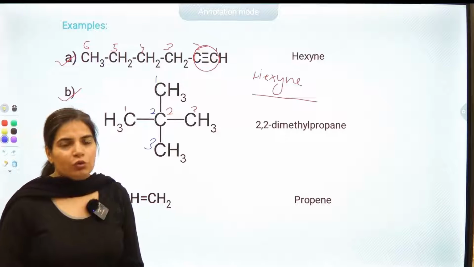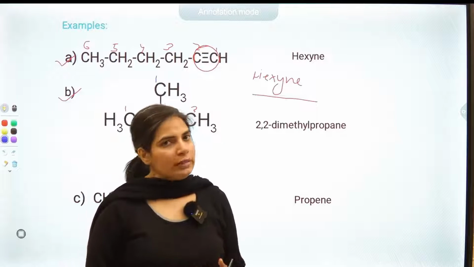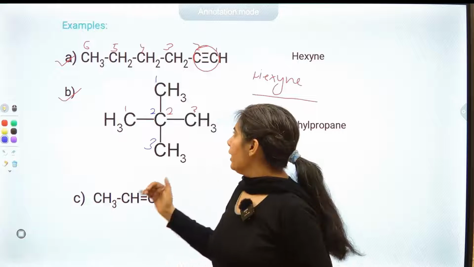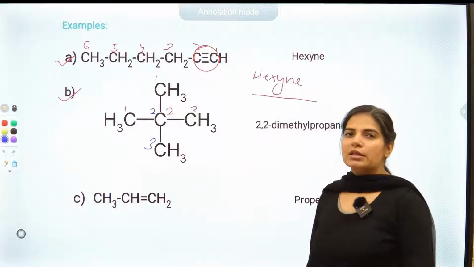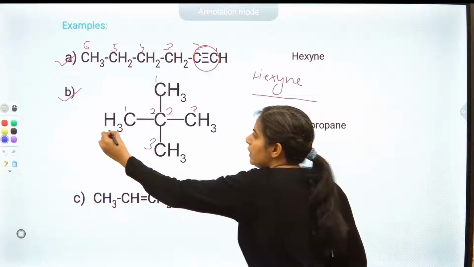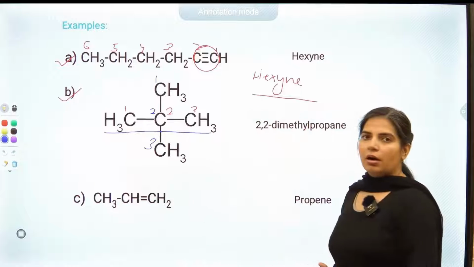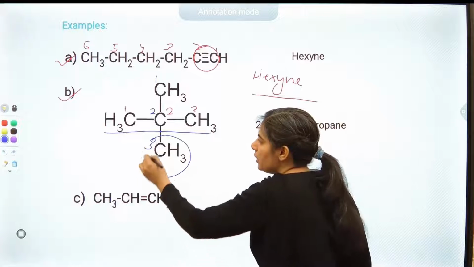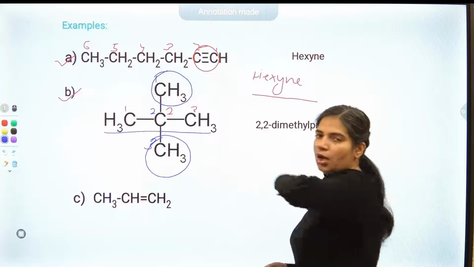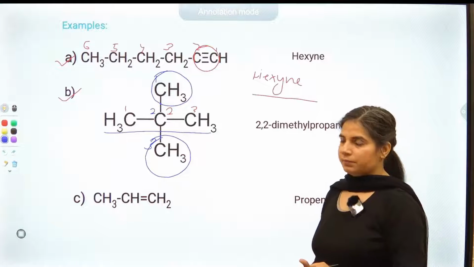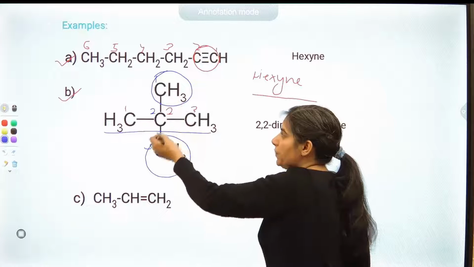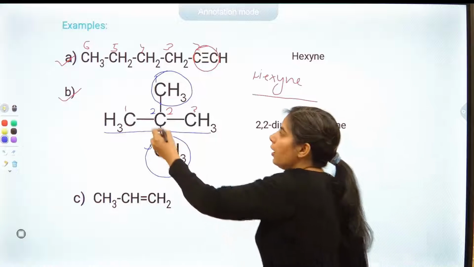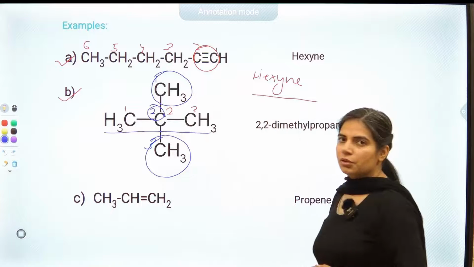Now what we need to do, we have to find out the longest chain. Now we have to give name and number to our substituent. If we are considering this as our parent chain, then this and this will be substituents. And what is the position of the substituents? Both are present at number 2.